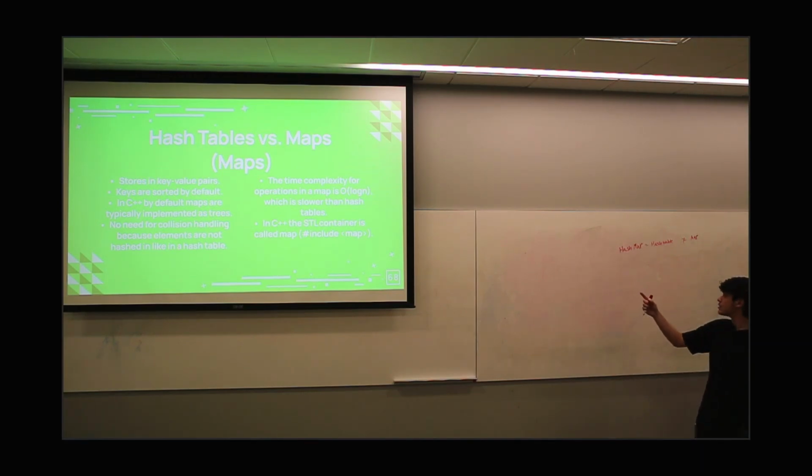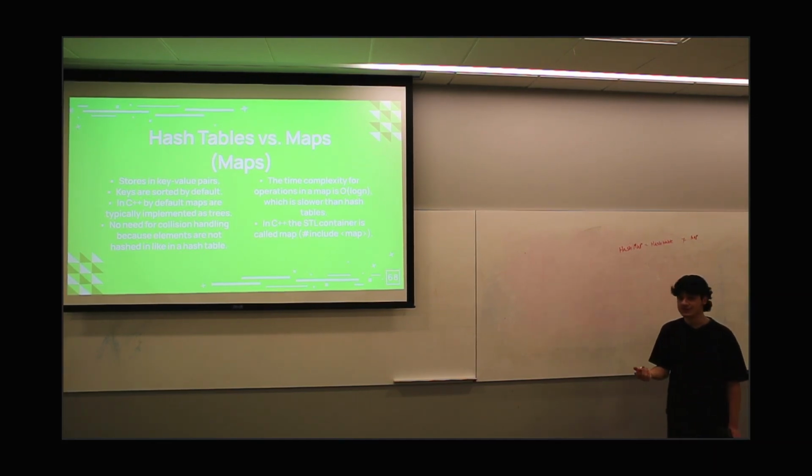Whereas in a tree, you have to traverse the tree to get that value. So that's why it's slower. And there's also no need for collision handling because you're not calculating an index. You're just inserting it into a tree.